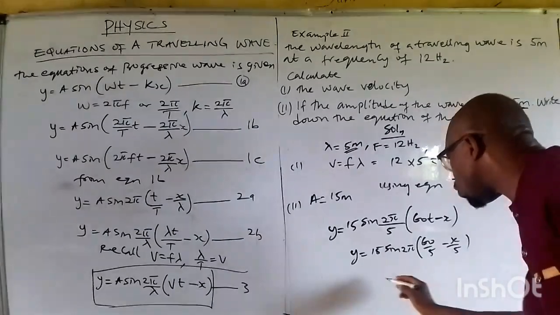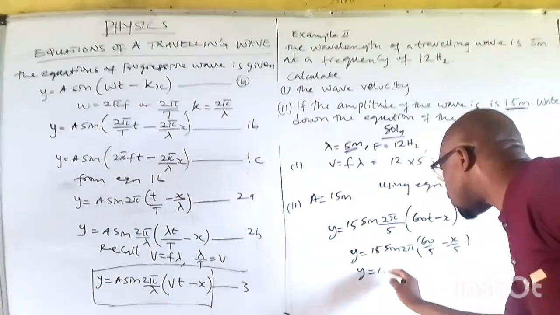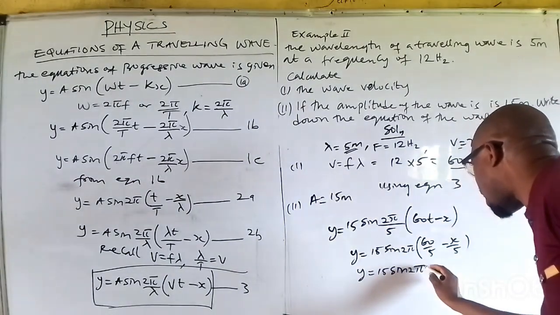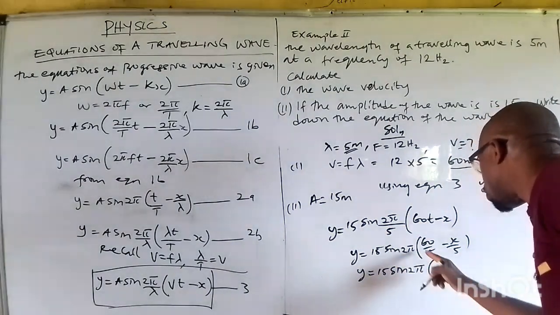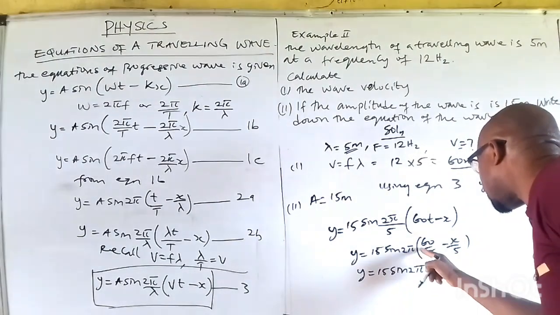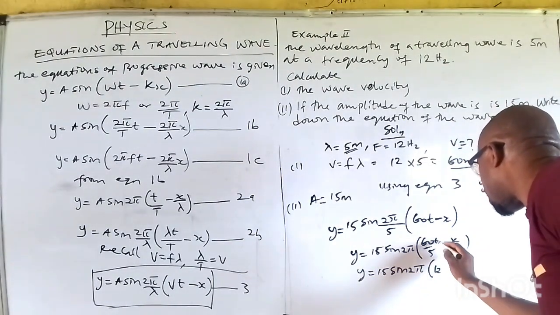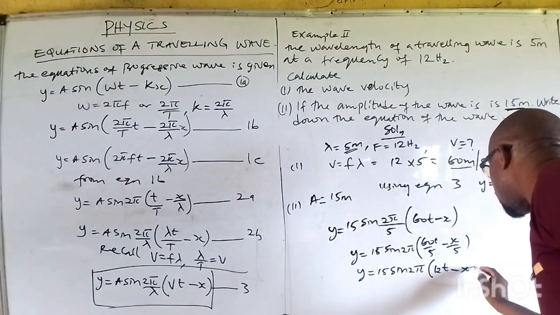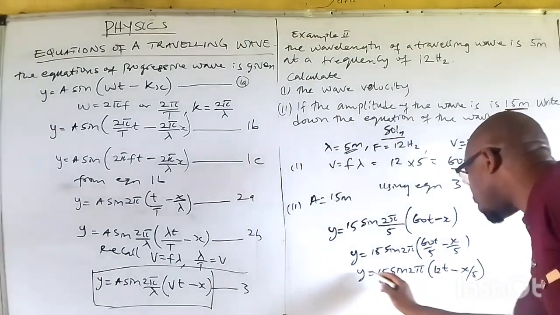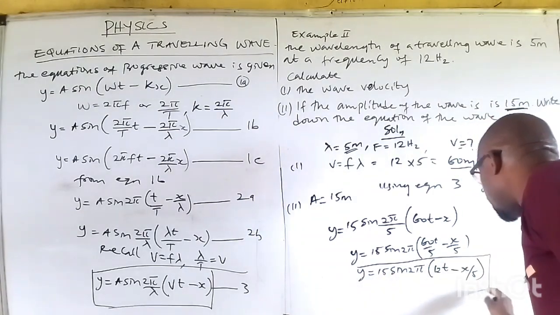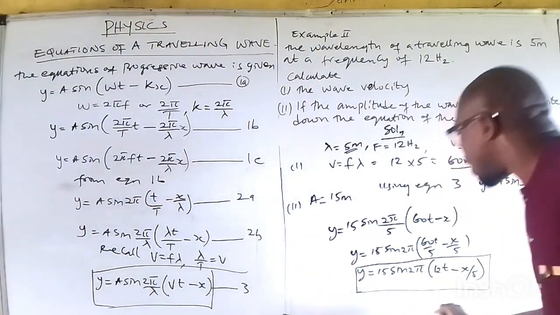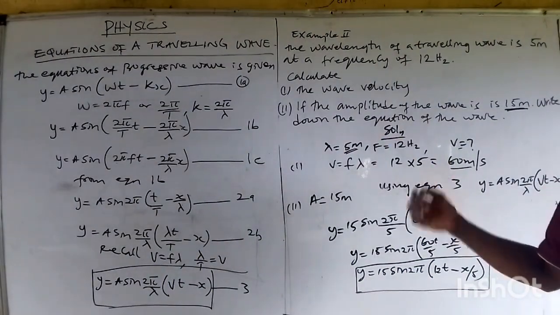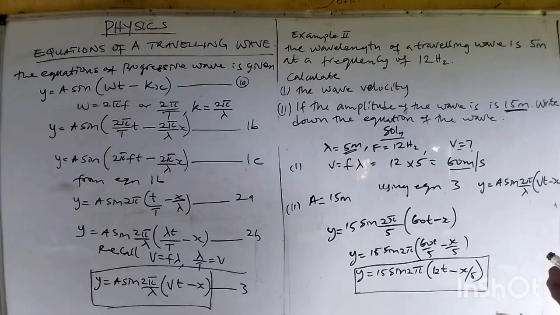So which will give us that y is equal to 15 sine 2 pi into 12t minus x all over 5. So this is our equation connecting this. Now we can still take the last one. Of course, that one is very simple.